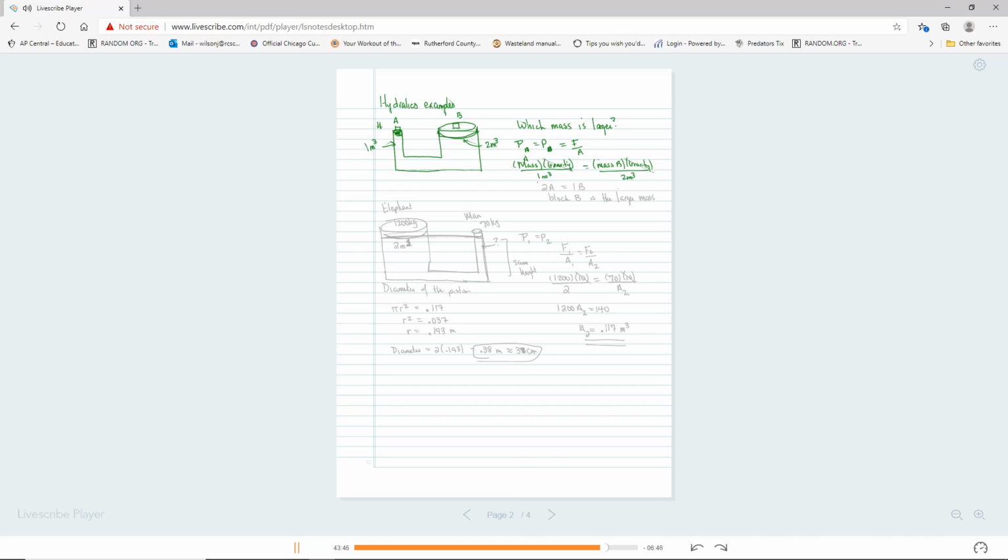So force over area is force over area, the force being the weight of the respective boxes. So which one has to weigh more?